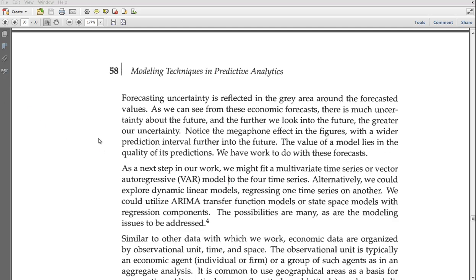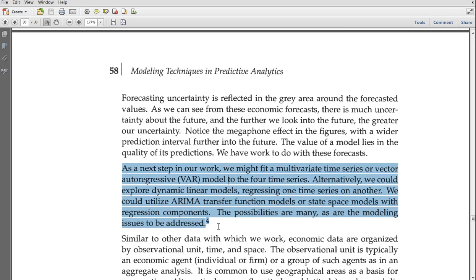Okay, so now he gives us some clues as to how to go forward, but he doesn't actually go forward. So he says the next step in our work, we might fit a multivariate time series or vector autoregressive model to the 4 time series.